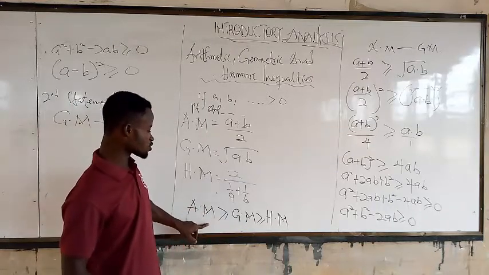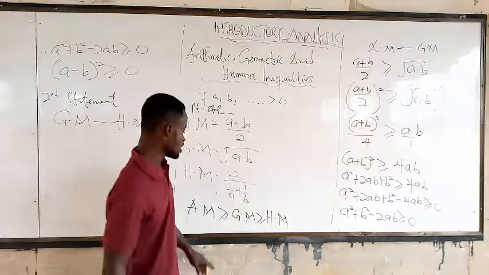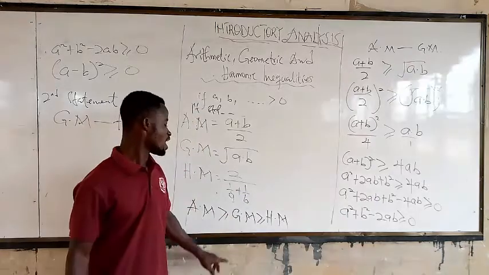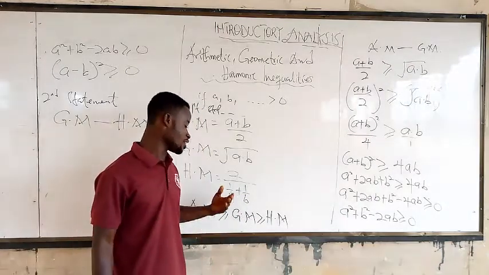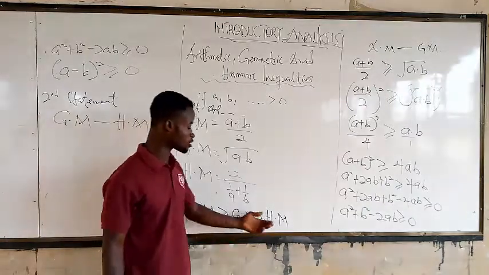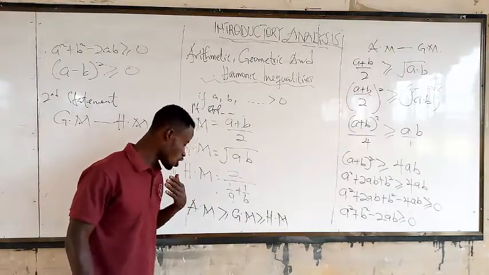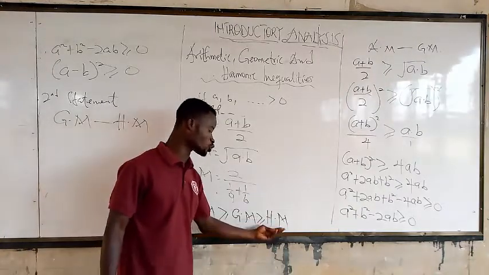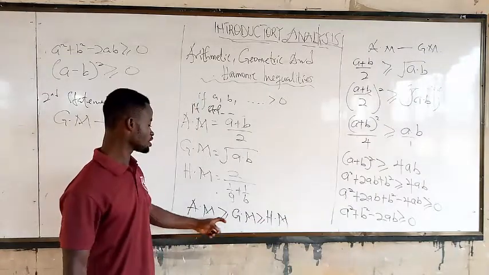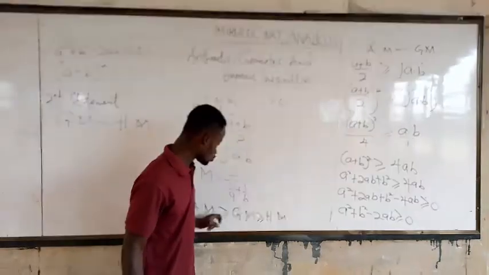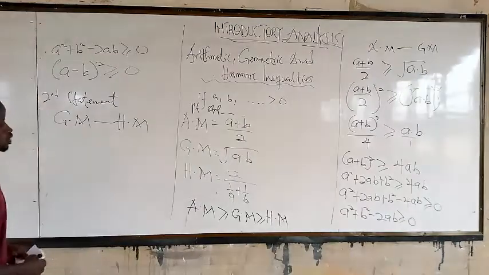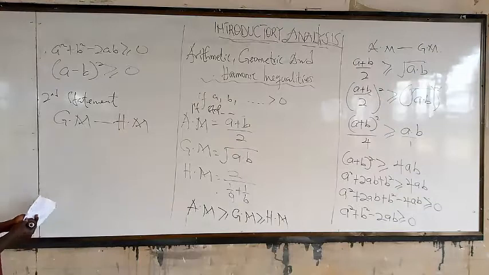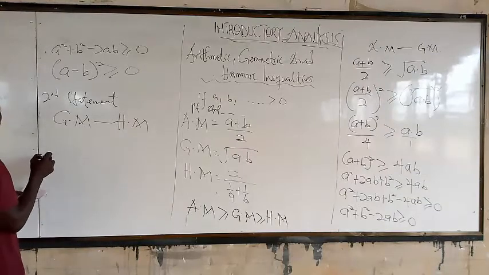Let's go and see if truly the geometric mean is also greater than or equal to the harmonic mean. And if the geometric mean is greater than or equal to the harmonic mean, then straightforwardly the arithmetic mean will also be greater than or equal to the harmonic mean. Because if this is true, then this to this will be true.